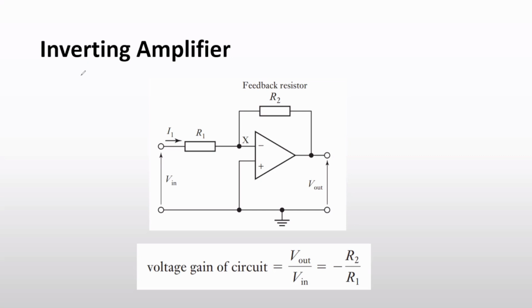So this is the inverting amplifier. You can see there is a negative feedback in the way we are making the amplifier with the op amps, that we are connecting a negative feedback.